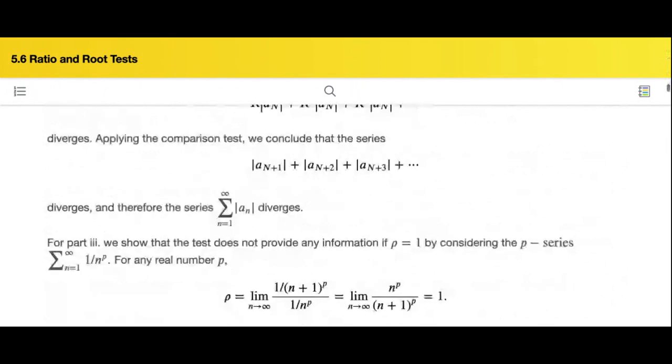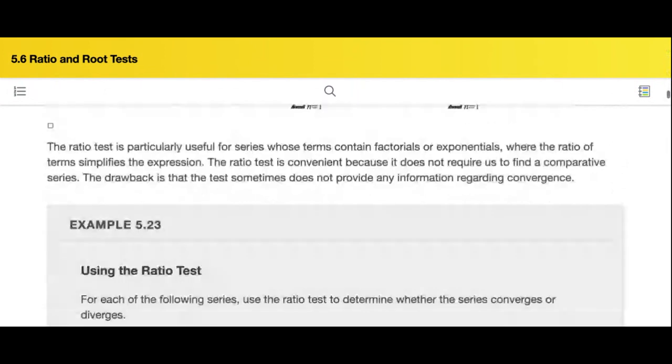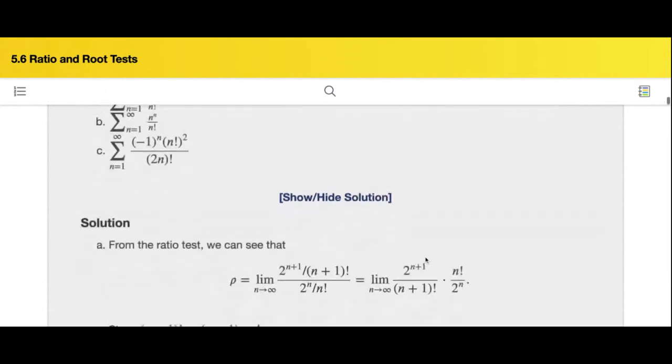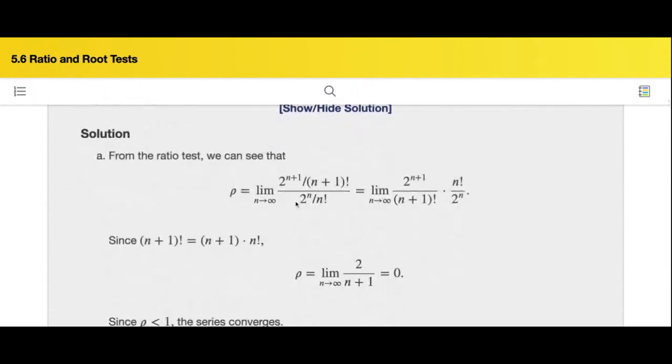The intuition is the denominator grows much, much faster. So that means the terms of this series go to 0 very, very fast. So the calculation is this. We take the limit as n approaches infinity of a ratio, where the numerator is the n plus 1 term and the denominator is the nth term.